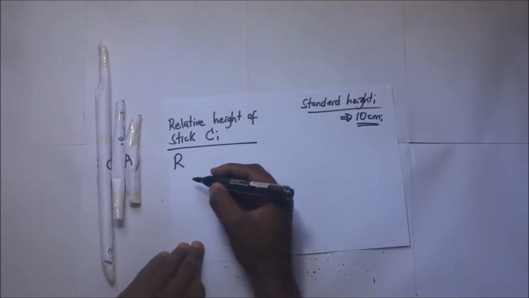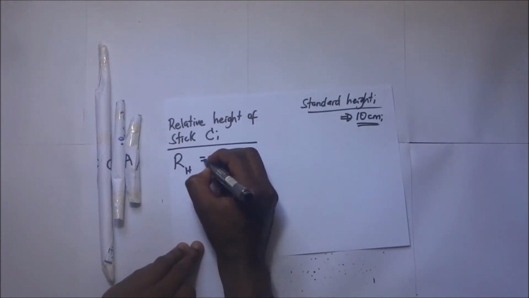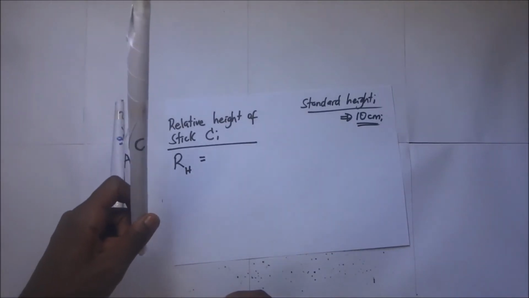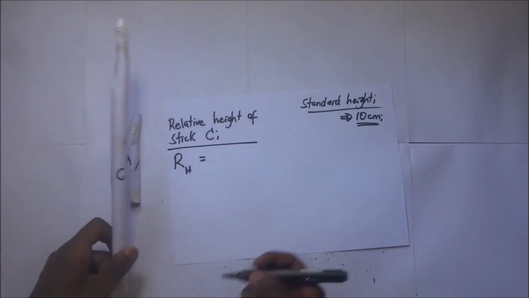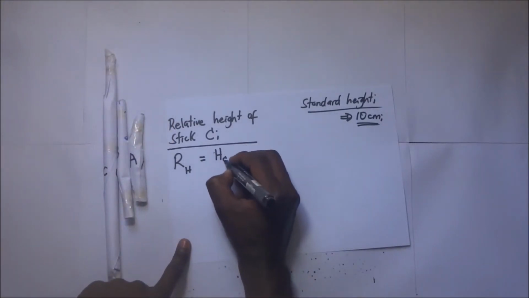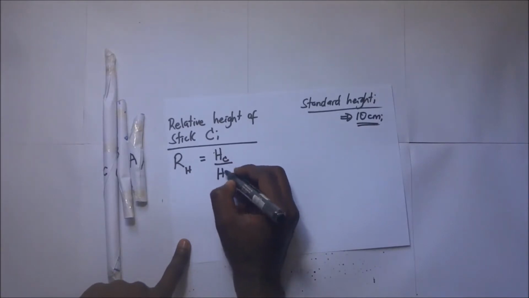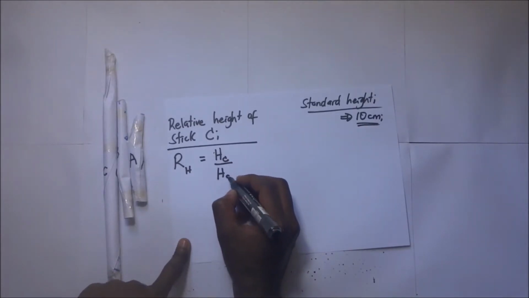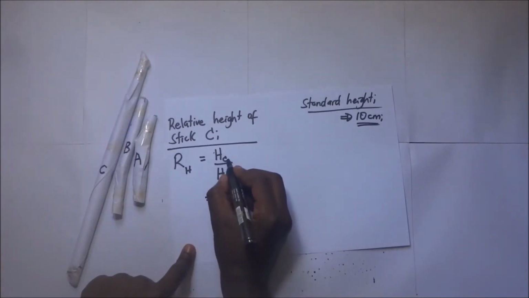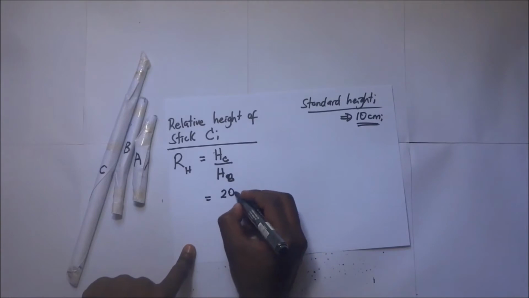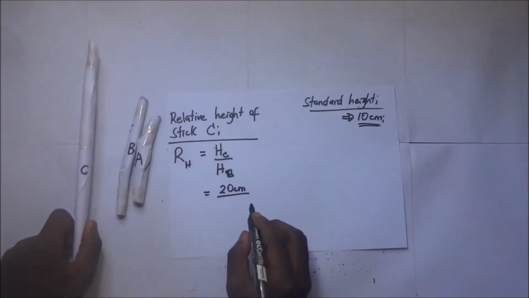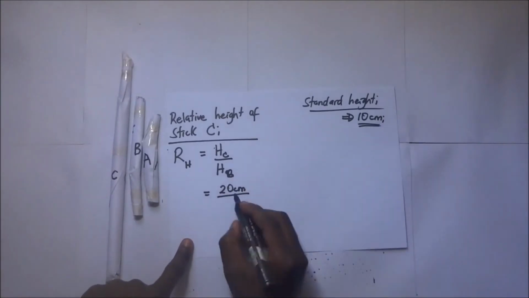So it means that the relative height of stick C is going to be equal to, what I'm going to do is that I'm going to measure the height of this stick C. Let's say the height of this stick C is 20 centimeters. So it's going to be the height of stick C divided by the height of my standard stick, which I'm calling stick B. In this case, the height of stick C is 20 centimeters, divided by the standard height, which is 10.